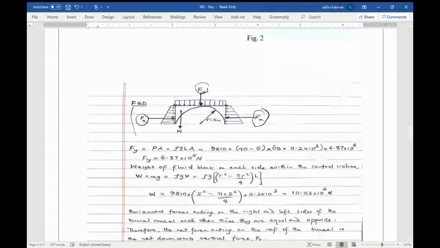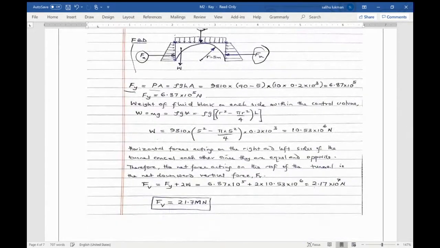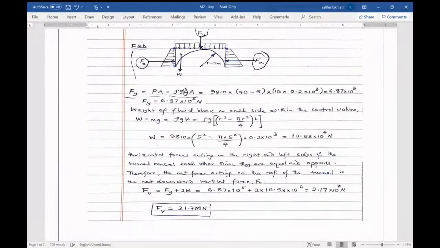So Fy is simply Pa, rho g h, h the height above from the top of the tunnel. So very simple, straightforward. Find Fy. The weight of the fluid is simply mg, the volume.